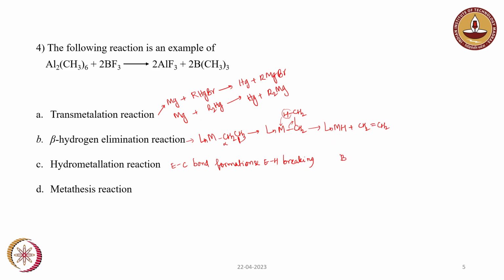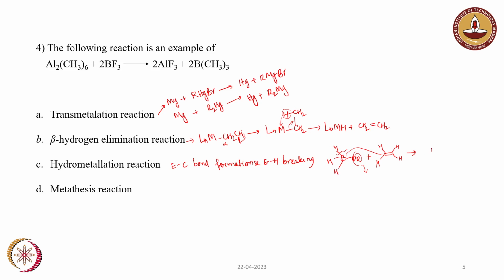So hydroboration is B-H reacting with an alkene. The B-H bond breaks and B-C bond formation takes place.